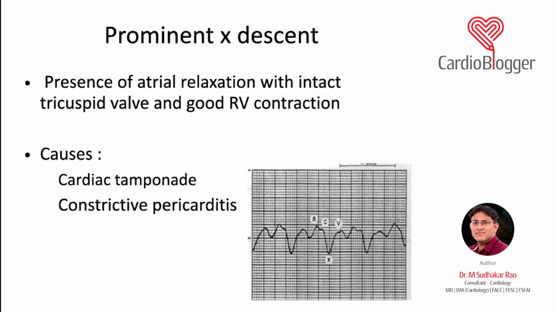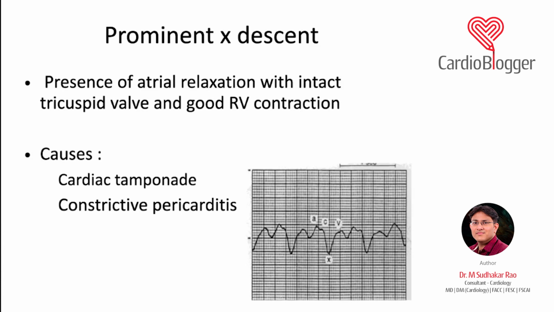However, in cardiac tamponade, only the early part of the diastole is preserved and the later part of the diastole is affected. In a patient with cardiac tamponade, the early part of the diastole is badly affected. That is why you get a Y descent which is absent, because the diastole is affected, which happens in early diastole. So the Y descent is absent.